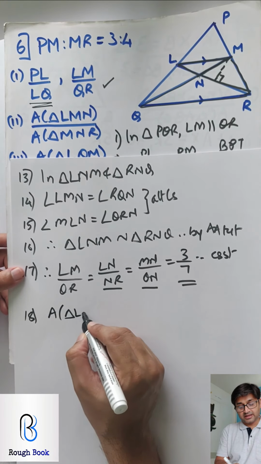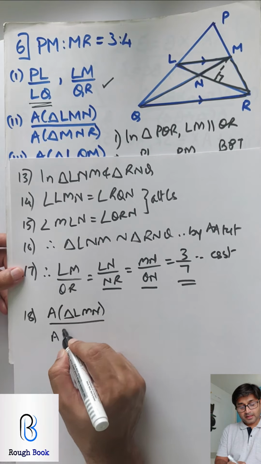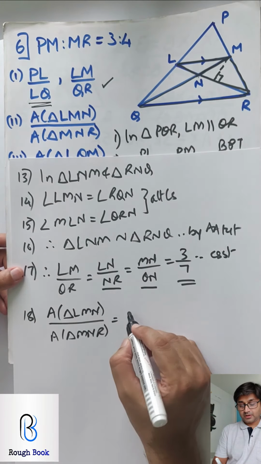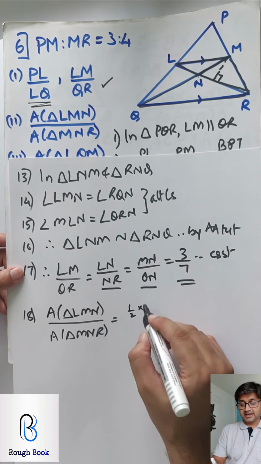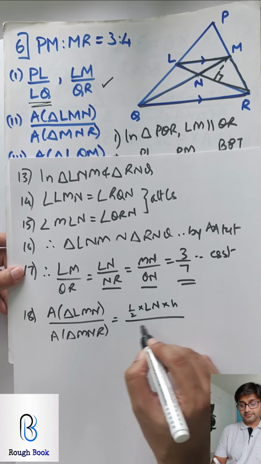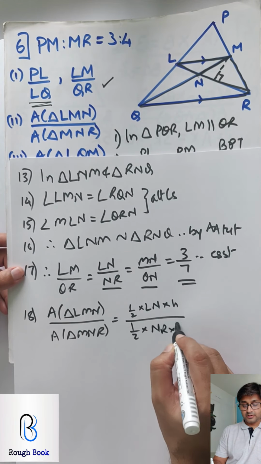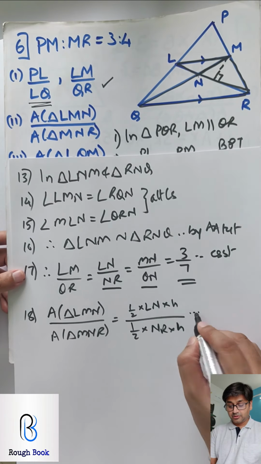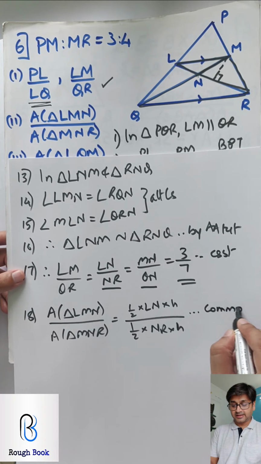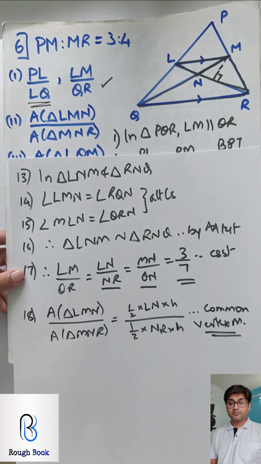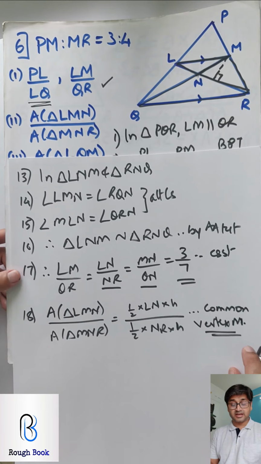Now let's jump into these two triangles. So I will say area of triangle LMN upon area of triangle MNR. LMN is half, base is LN and height. MNR is half, base is NR into height. And the reason you will write is common vertex M. The moment you write common vertex M, it is understood that their heights are equal.